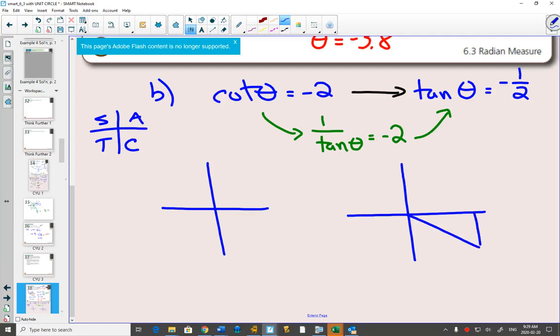Perfect. Where else? Quadrant 2. And on both of these triangles, opposite over adjacent is 1 over 2. And in both of these triangles, this would be our reference angle, and those triangles are identical.